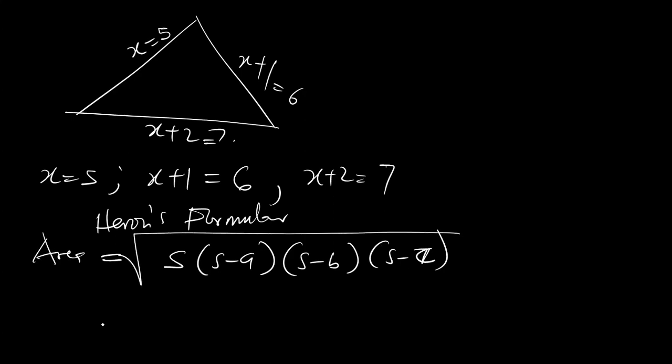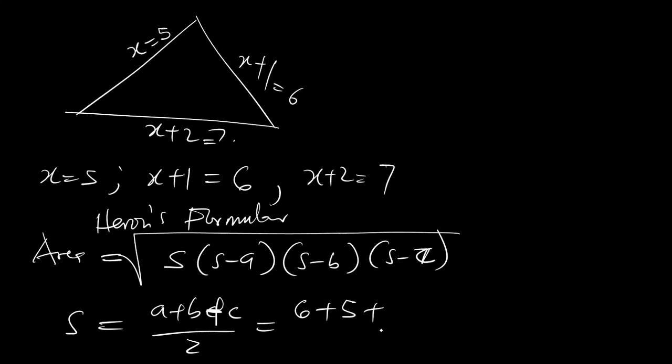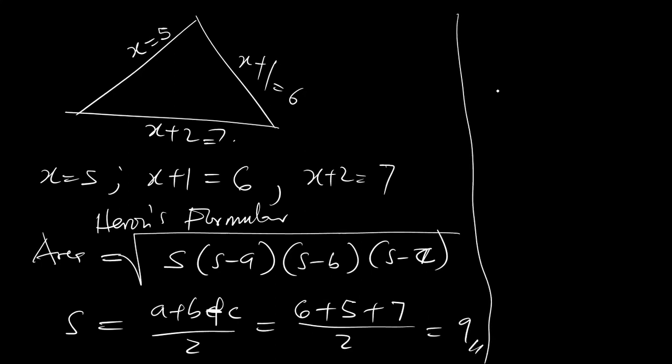So now what is our s? Our s is (a plus b plus c) divided by 2. And we have 6 plus 5 plus 7 divided by 2. So this will give us 6 plus 5, 11, plus 7, that is 18, divided by 2 is 9. So we got 9 here.